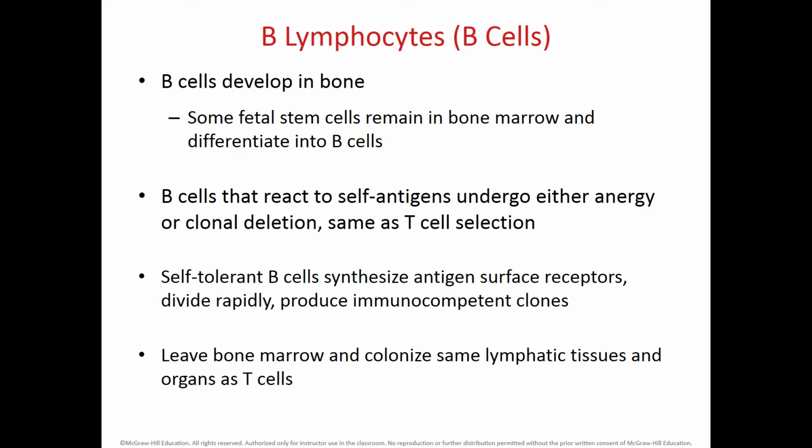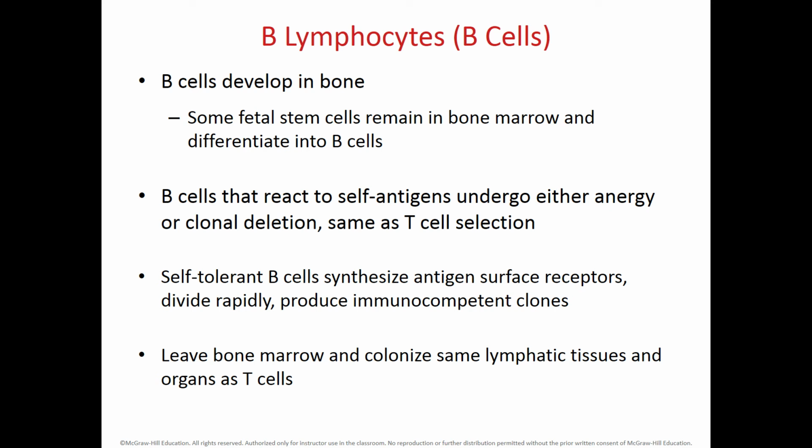Now for the functioning of your B lymphocytes. Your B lymphocytes will develop in the bone, and some fetal stem cells will remain in the bone marrow, and then they differentiate into the B cells, and your B cells will start training within the bone marrow.